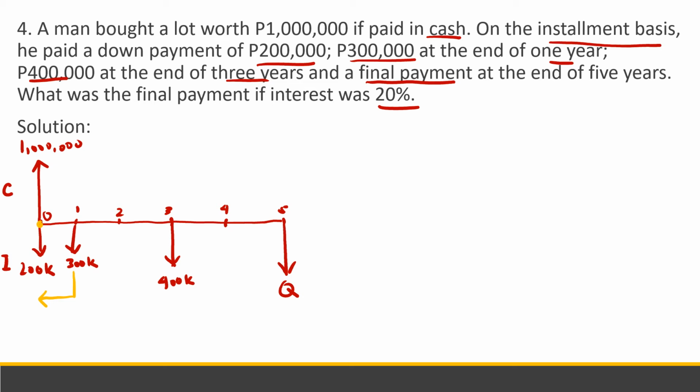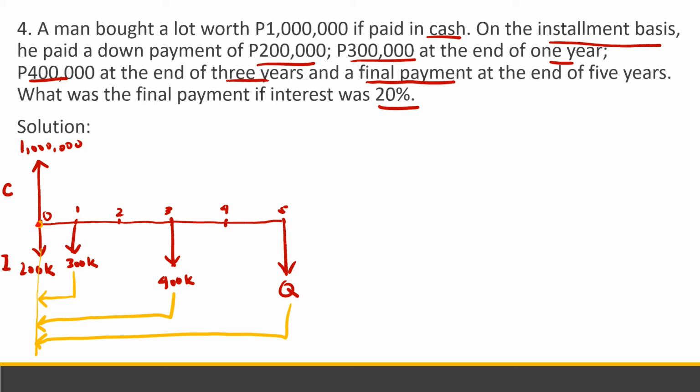The same with the 400,000, we move it to year 0, and our Q to year 0. At this focal point, we equate the 1 million and the values on the installment basis.